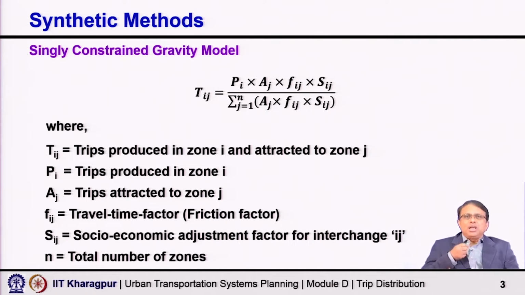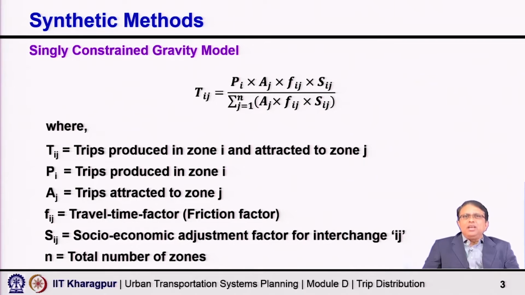Every attraction zone has an attraction value A_j and a value of F_ij. So, for one particular zone, what matters is its attraction and friction factor relative to all destination zones connected to production zone i. That is what is done here.